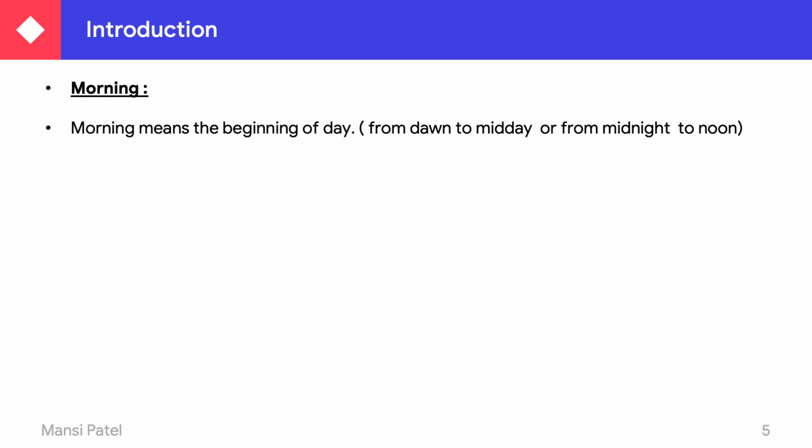Here let us see some terms. Morning. Morning means the beginning of the day. From the dawn period to midday, or from midnight to noon, we can say this is the period of morning. Morning means the beginning of the day, when we start our day. Then, what is the meaning of dawn?